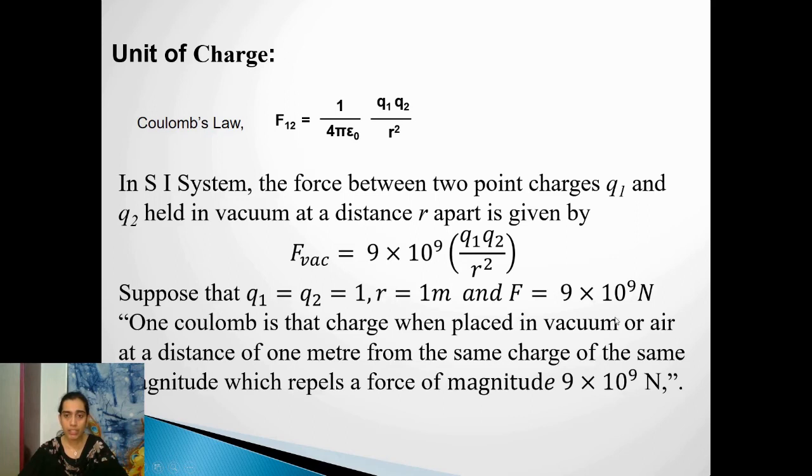So looking at this equation and this condition, you can define 1 coulomb as that charge which, when placed in vacuum or air at a distance of 1 meter from another charge of the same magnitude, repels it with a force of magnitude 9 into 10 to the power of 9 Newton. This is how you can define 1 coulomb or the unit of electric charge.